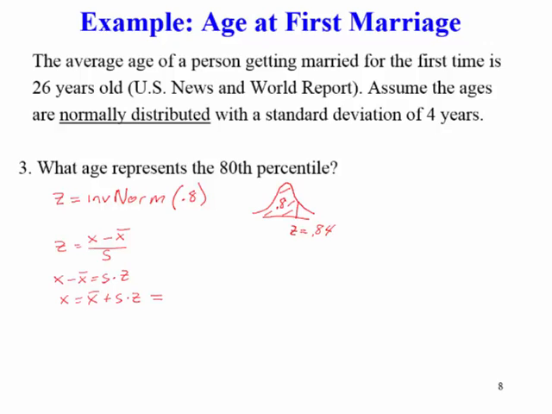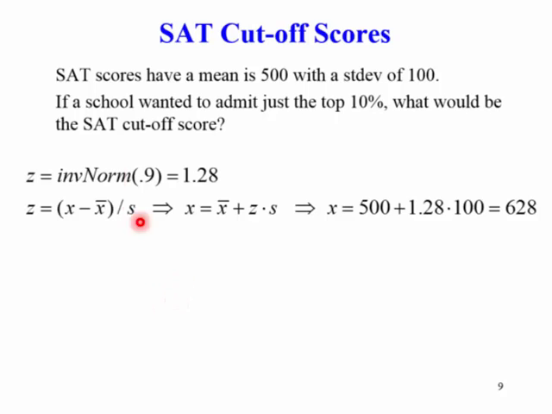So we can plug that in. x bar was equal to 26, and then we have plus, the standard deviation is 4, times 0.84. And we multiply that out, and we get 29.4. That represents the age of the 80th percentile.